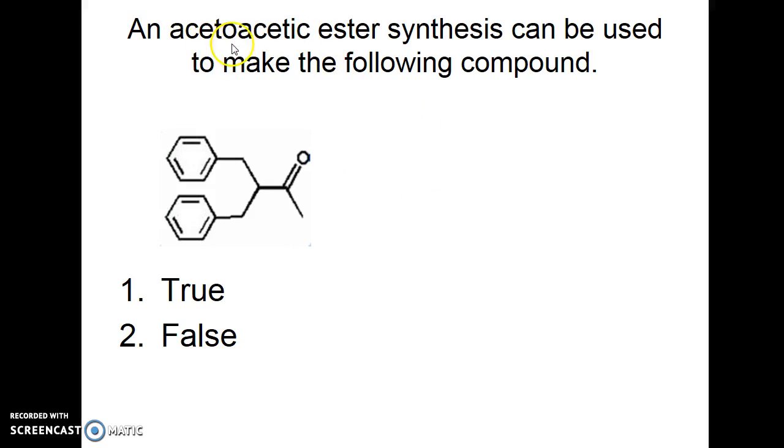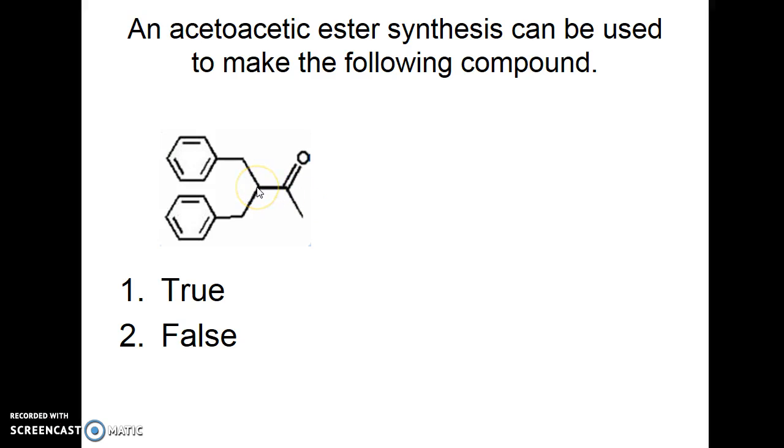Can an acetoacetic ester synthesis be used to make this compound? Well, when we're looking at an acetoacetic ester synthesis, we look for a part of a compound that looks like acetone. So I see right here what looks like acetone.